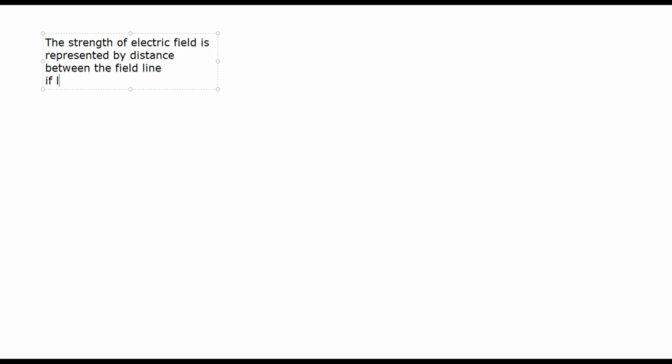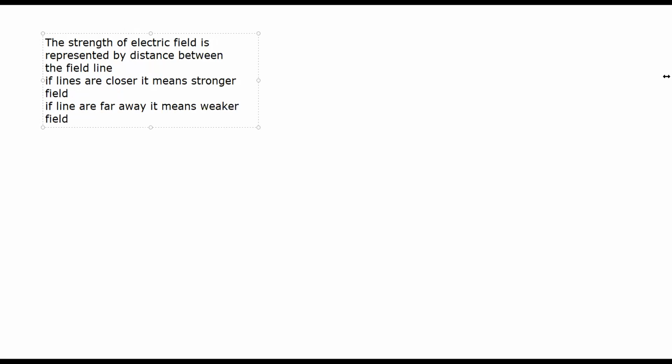If lines are closer, it means a stronger field. If lines are far away from each other, it means a weaker field.